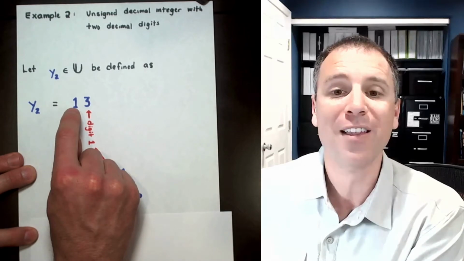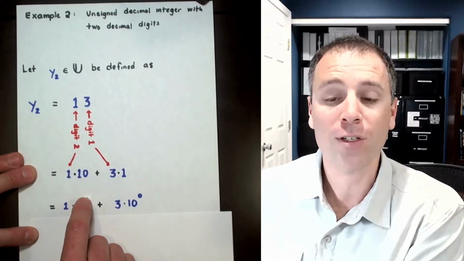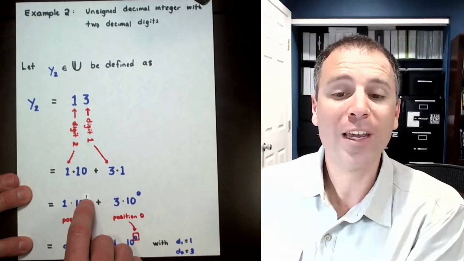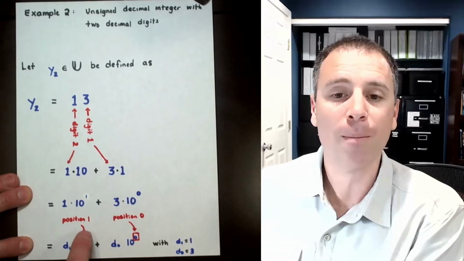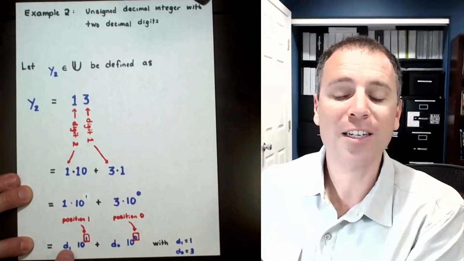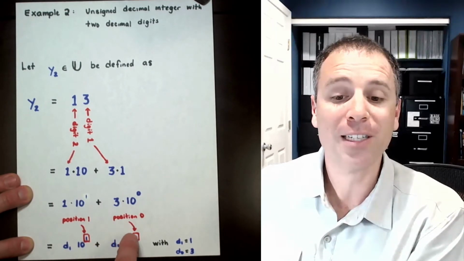So in other words, when we say the number 13, this is 1 times 10 to the 1 plus 3 times 10 to the 0. The moment that we see it this way, we can refer to these as the position numbers. So when we say that y2 is equal to 1, 3, what we really mean is y2 is equal to d1 times 10 to the 1 plus d0 times 10 to the 0.